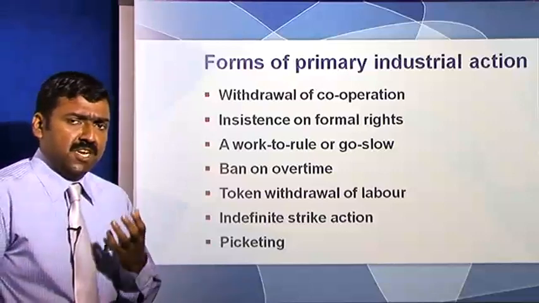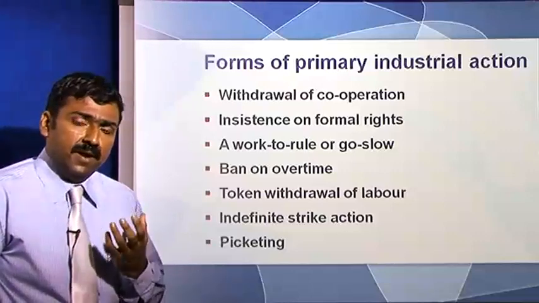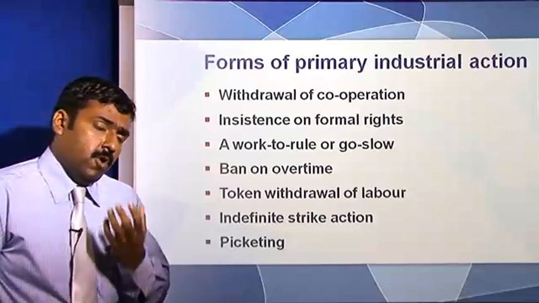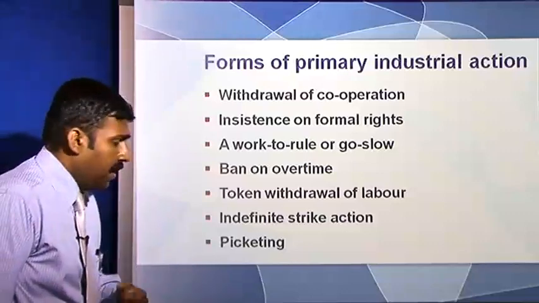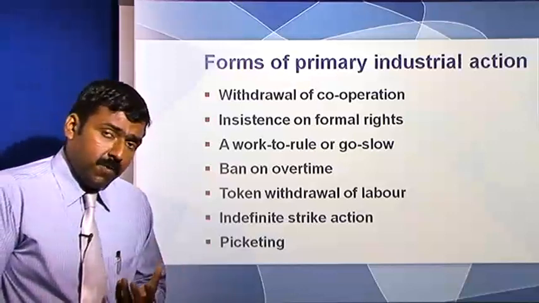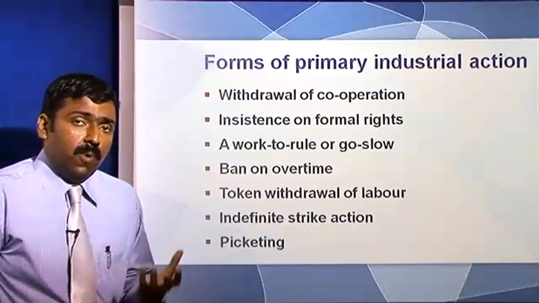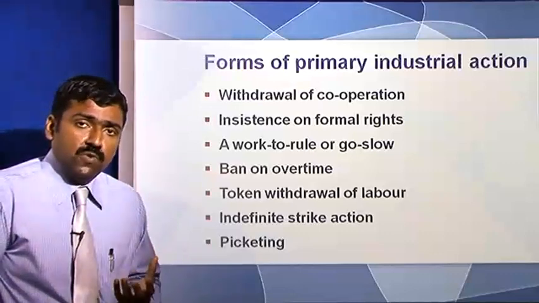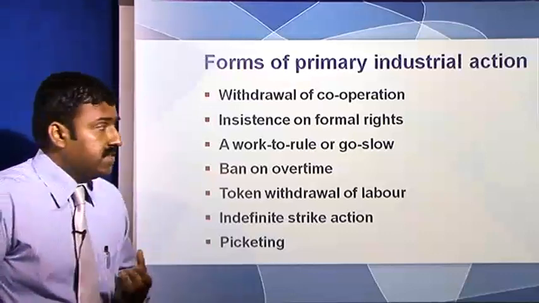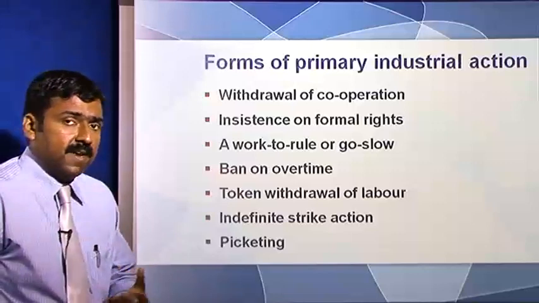Indefinite strike action can really cripple your operations and send your productivity in a downward spiral. And picketing, wherein employees from an organization form a line or group outside the premises of the factory or the production units to show their protest. These are the forms of primary industrial action.